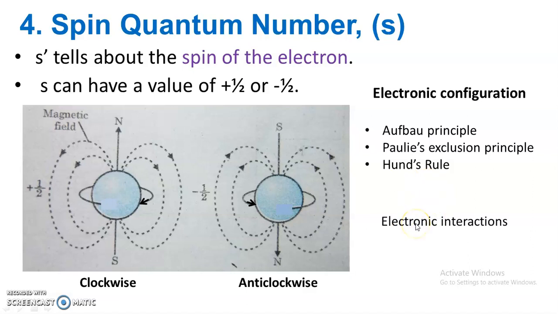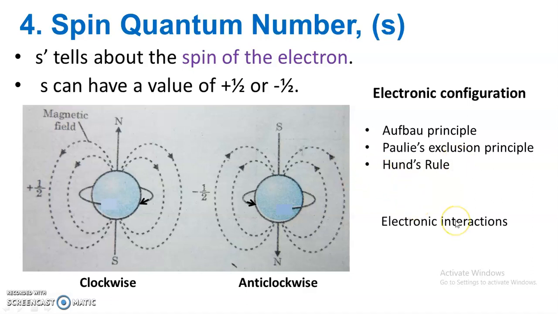Now the most important thing is, what are the electronic states? Electronic states are somewhat different from the energy levels considered for writing electronic configuration. In electronic configuration, electronic interactions are not considered.